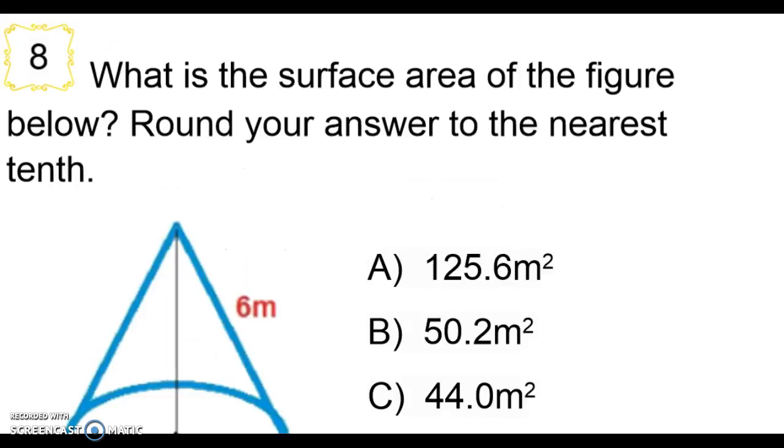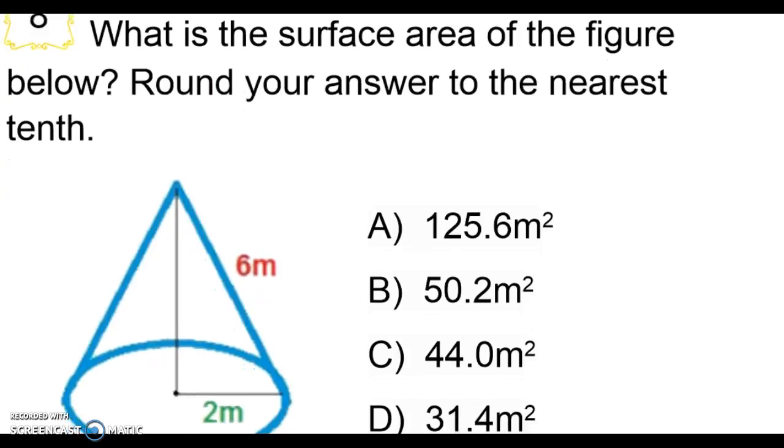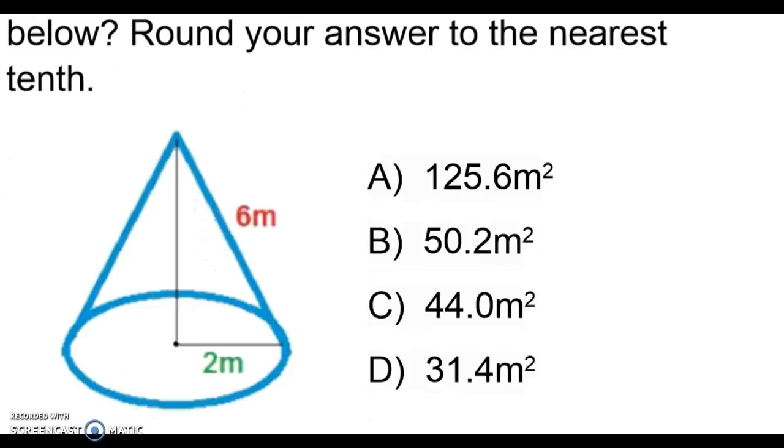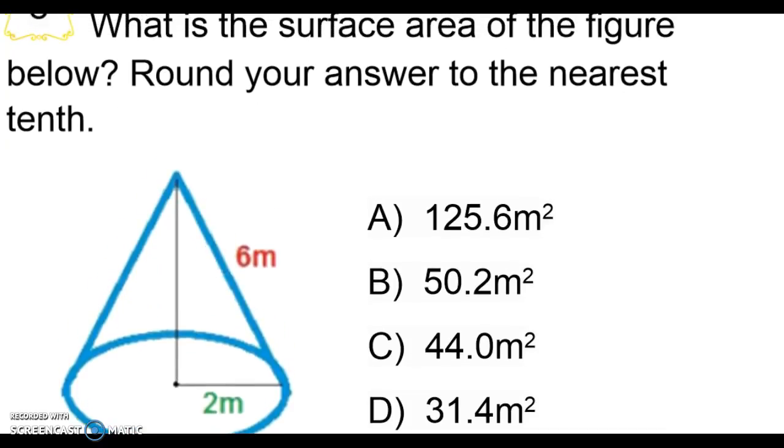What is the surface area of the following figure below? Go ahead, and I'll scooch that up. Go ahead, find your answer. All right, so surface area, well, this is really just looking at your formula sheet and going, okay, well, I know that the formula for the surface area is pi r squared plus pi rl.